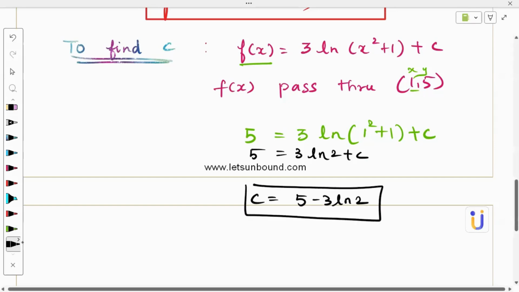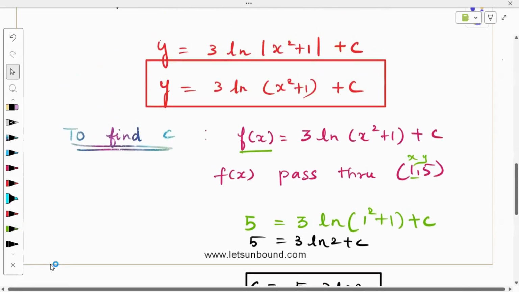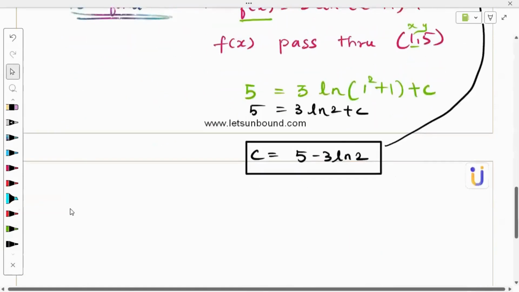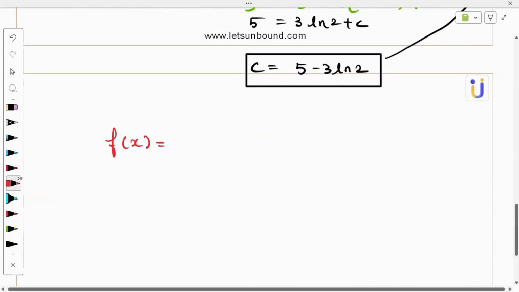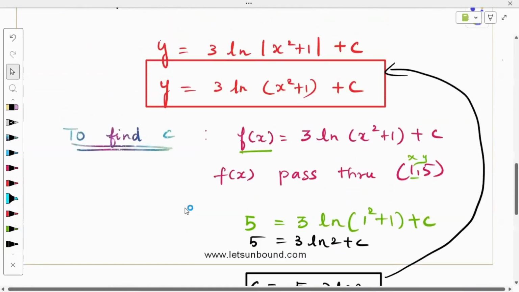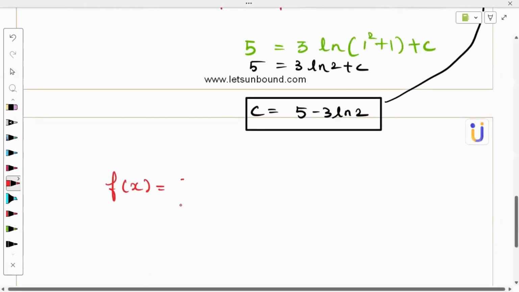So now we need to substitute it right back here, and we will get the complete f of x. So let me write f of x is equal to 3 ln x square plus 1, then plus c, this is my c, plus 5 minus 3 ln 2.